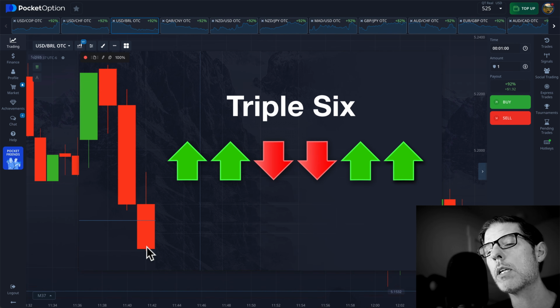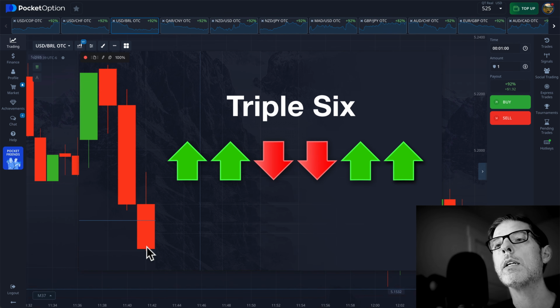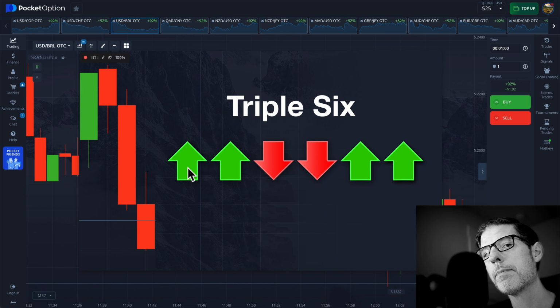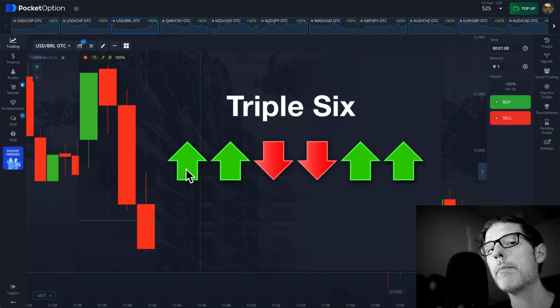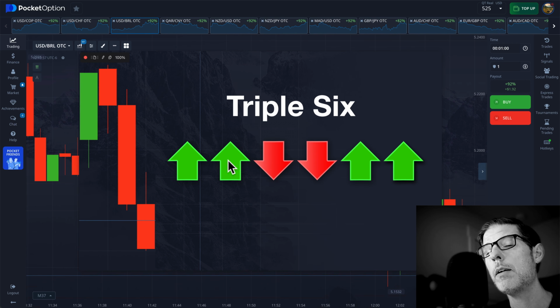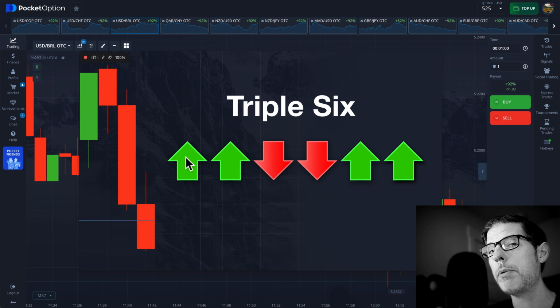And as soon as it closes, you're going to enter a buy. Okay. Now, if you lose that trade, okay, if you lose that, you're going to take another buy as soon as the next candle appears. Okay, so you're taking a buy on the 4th candle right when it appears.